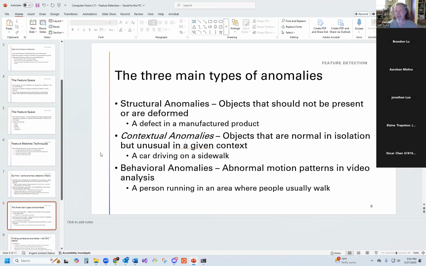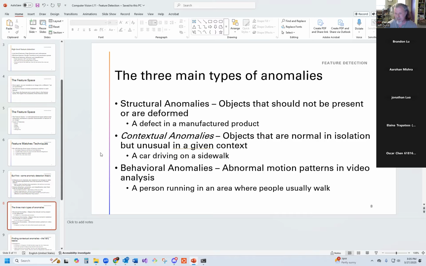However, we don't necessarily need to think about this as something that is unusual as to where it is. I know that sounds a little confusing, but for us in CV, this idea of context isn't necessarily a semantic thing for humans to think about, like a road or sidewalk.